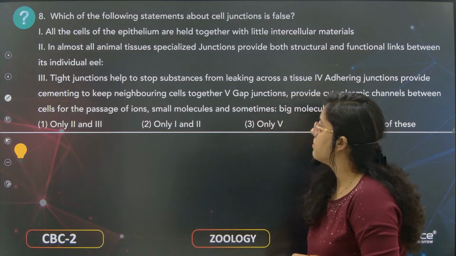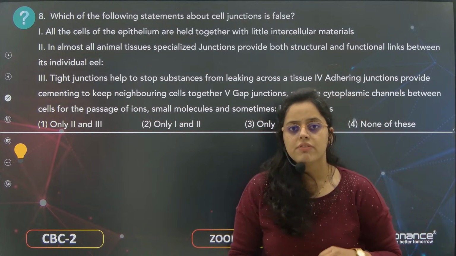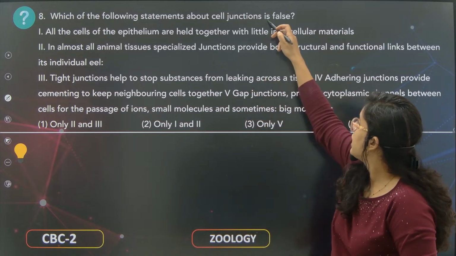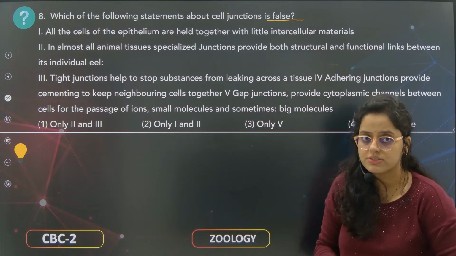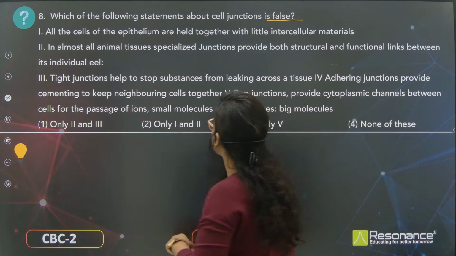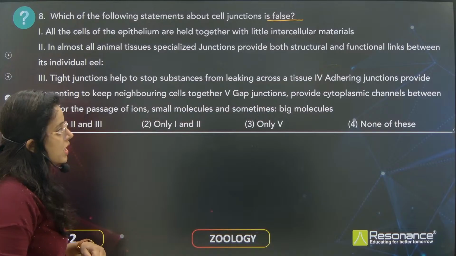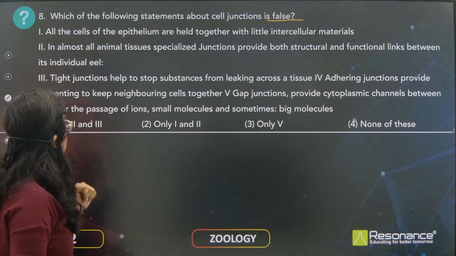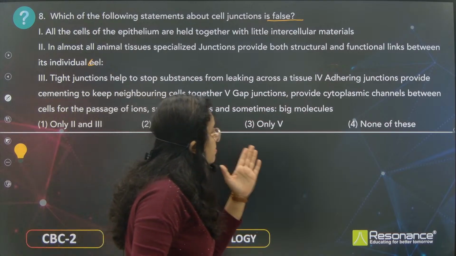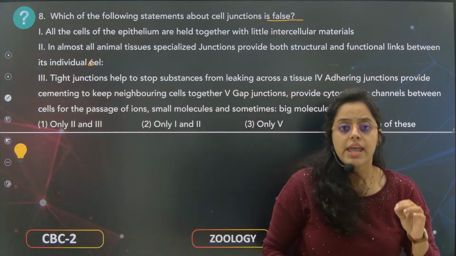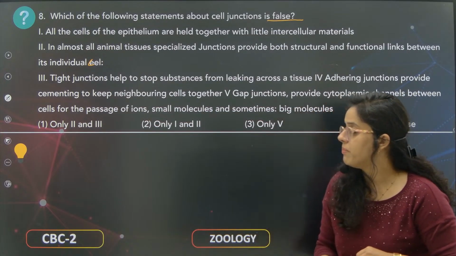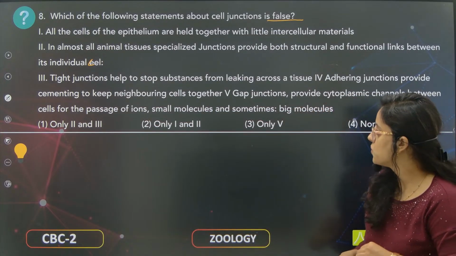Now going to the next question, question number 8. All the cells of the epithelium are held together with little intercellular material. Here we have to tell which of the following is false. In almost all animal tissue, specialized junctions provide both structural and functional links between individual cells. Tight junctions help to stop substances from leaking across the tissue, and adhering junctions provide cementing to keep neighboring cells together.